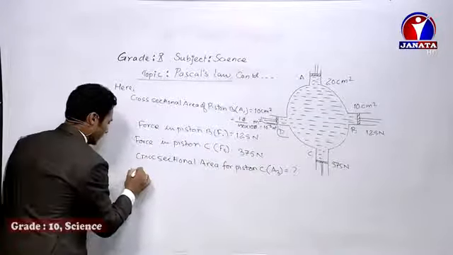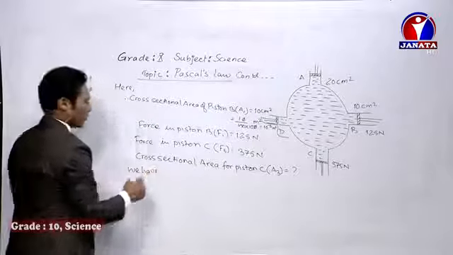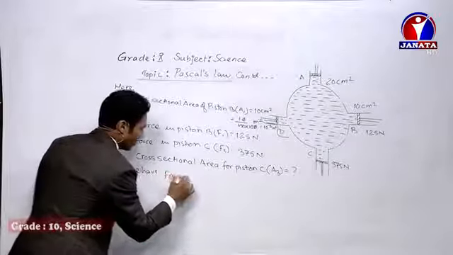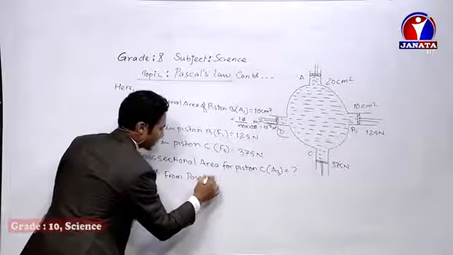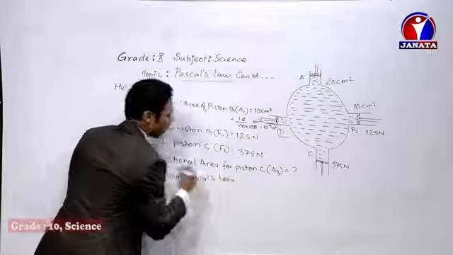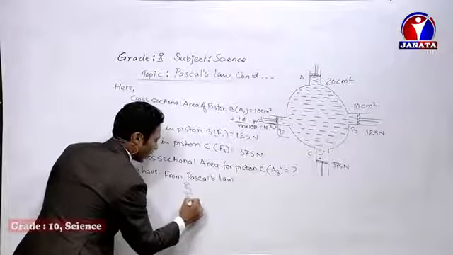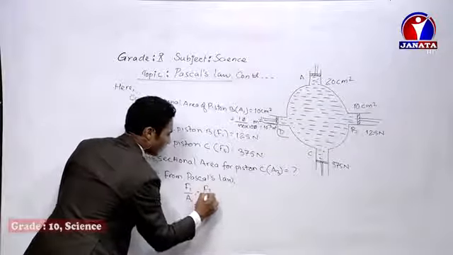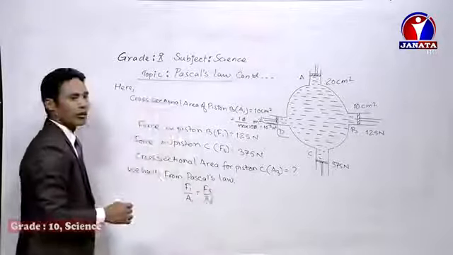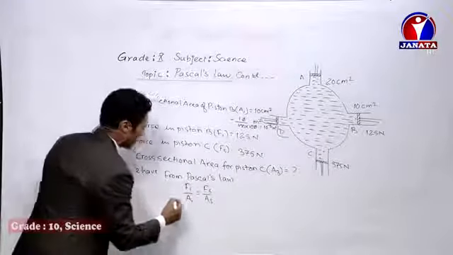Again, from Pascal's law, we have F1 by A1 equals F3 by A3. This is from Pascal's law. So let's put in the values.